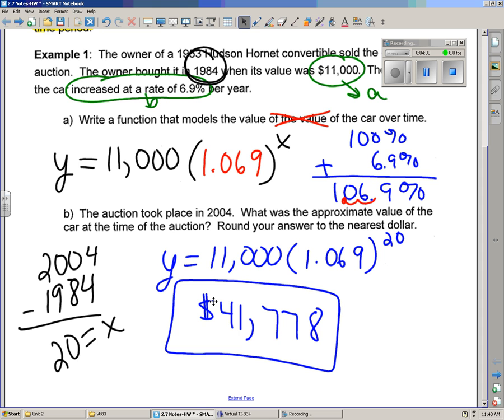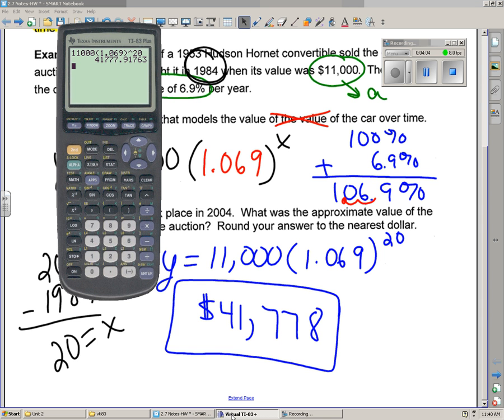The other way to use your calculator would be like this. Actually type it into a y equals equation. y equals 11,000 times, in parentheses, 1.069, and this time you're going to raise it to the power of x. You're typing in what you did on part a.